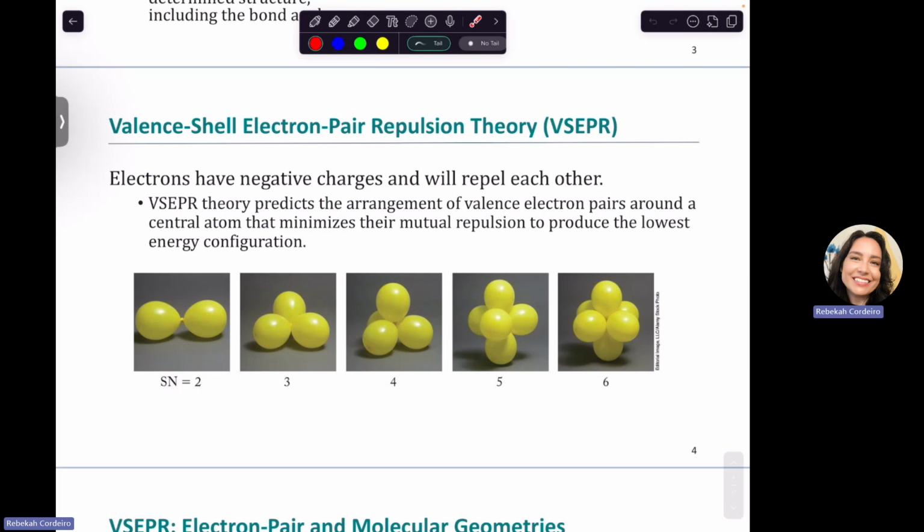The electrons are going to be as far apart as they possibly can. As we add more balloons, we get a little more complicated with our shapes. We're looking at this thing, SN. This is steric number, which is the number of electron areas around the center atom. As we increase our steric number, we get a little more complicated with our shape.